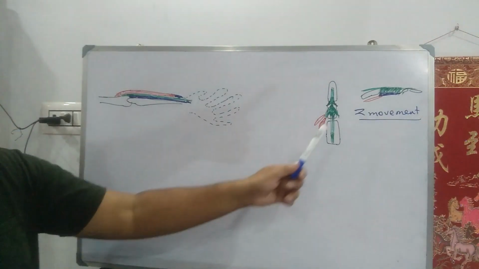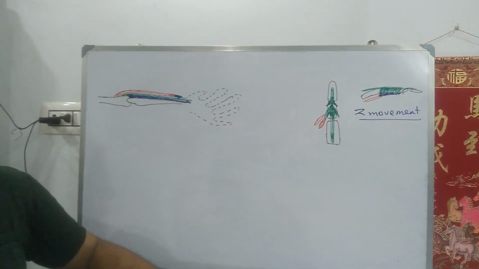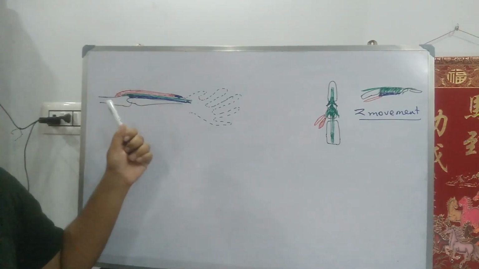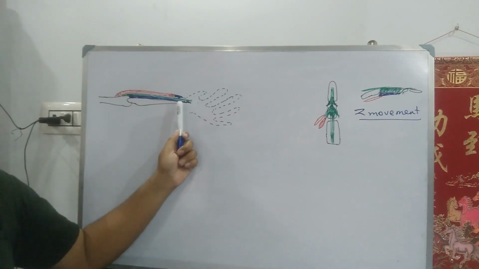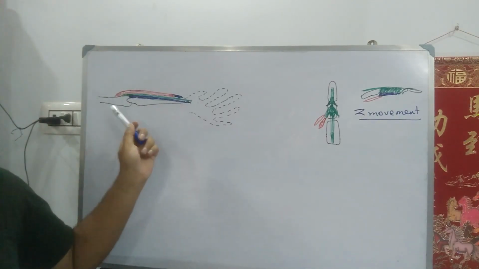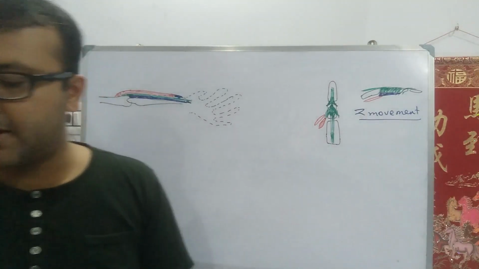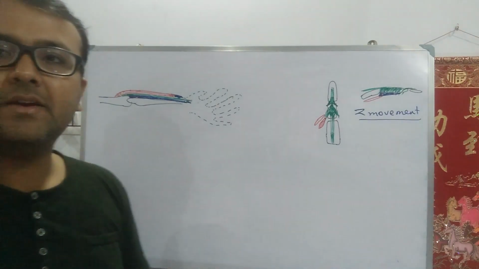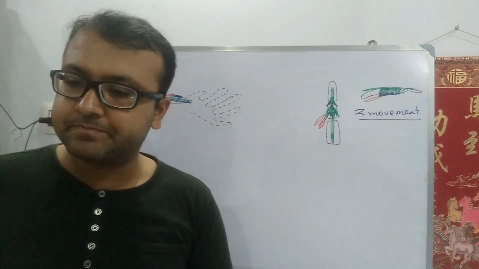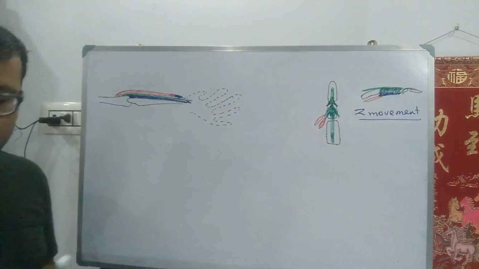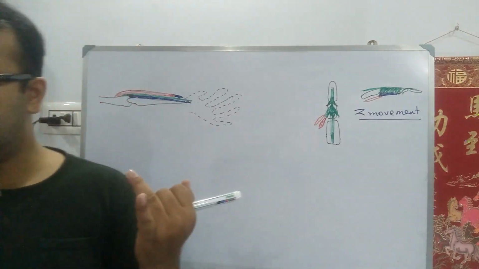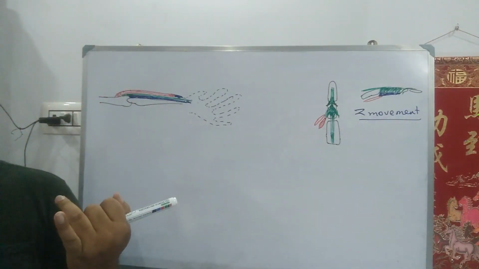So having understood this movement, let's talk about the rest of the muscles. So till now we have discussed number 1, brachioradialis. We have discussed extensor carpi radialis longus, and we have also discussed extensor carpi radialis brevis. And one more thing we have discussed, that is the extensor digiti minimi.